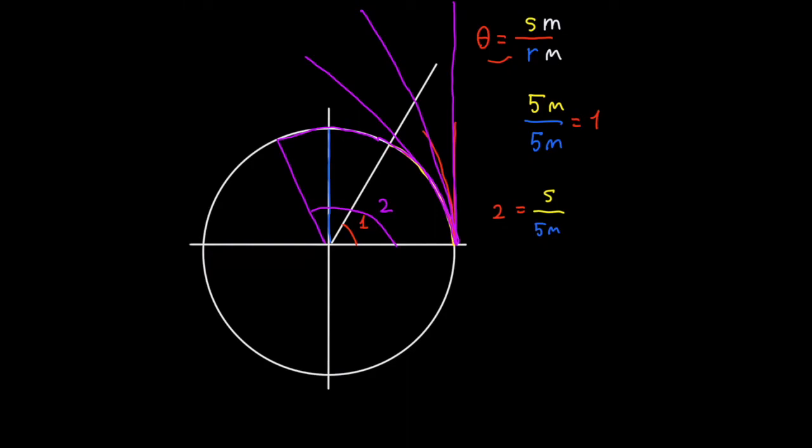So if we solve for s, we will find that s equals 10 meters, twice the length of the radius, because we have an angle of 2 radians.